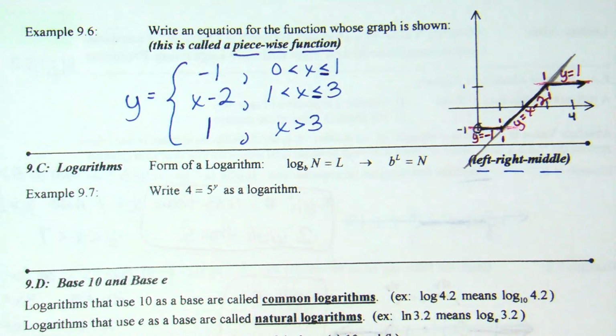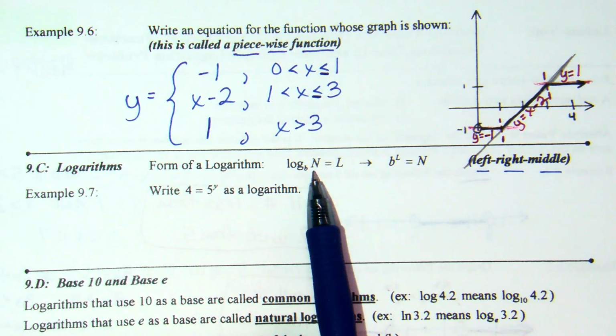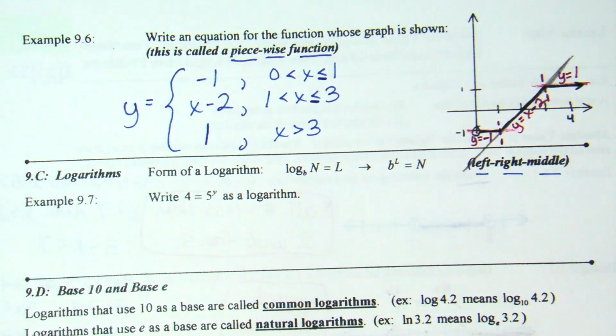Left, right, middle. If your log is on the left, you can change it from a log equation to an exponential equation, where left, right, middle. So b raised to the L is n. So left raised to the right equals the middle. B raised to the L is n. Sound a little familiar? We did this in pre-cal as well as Algebra 2.